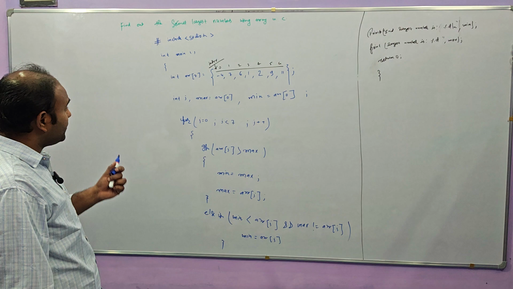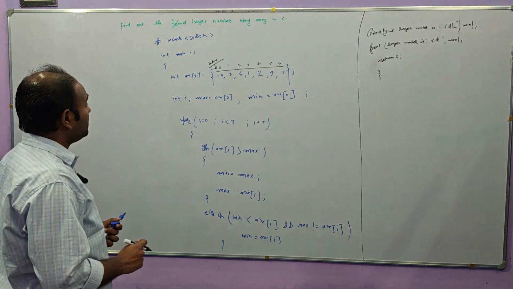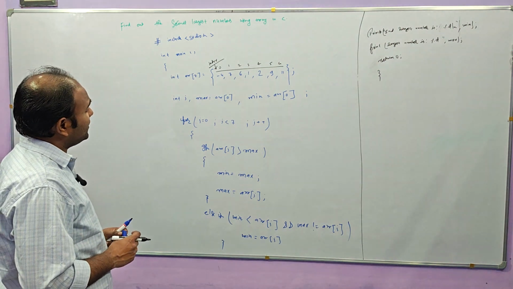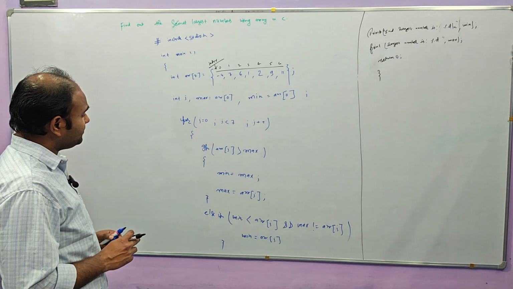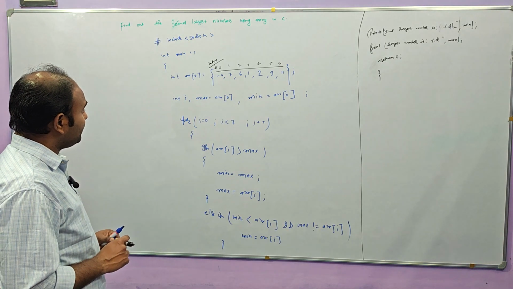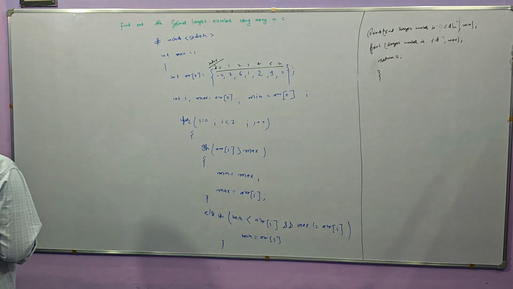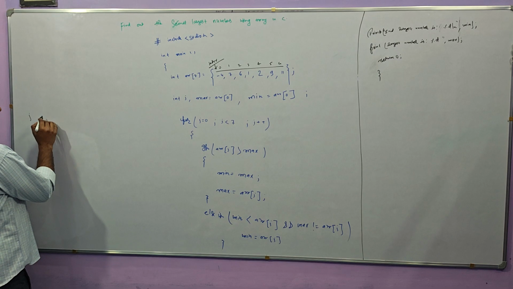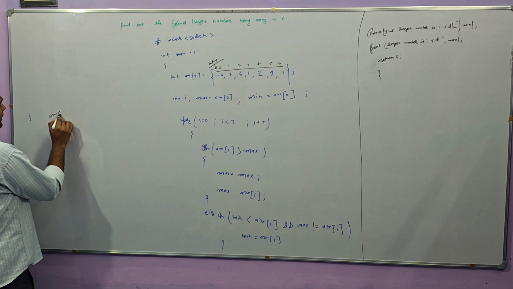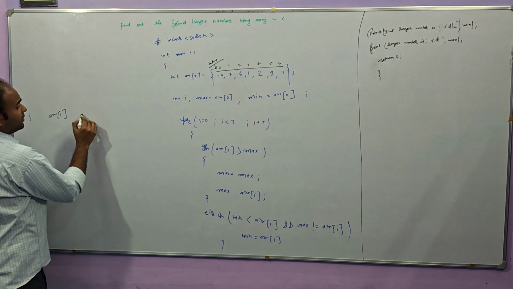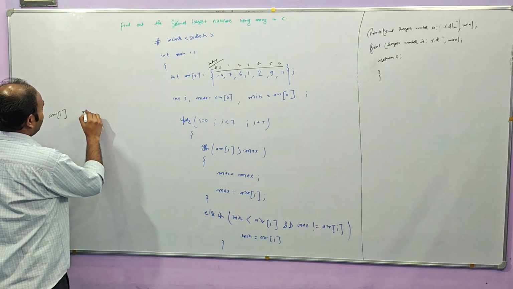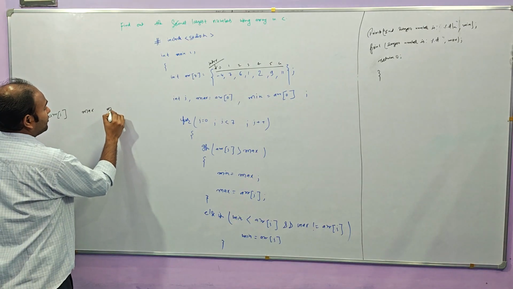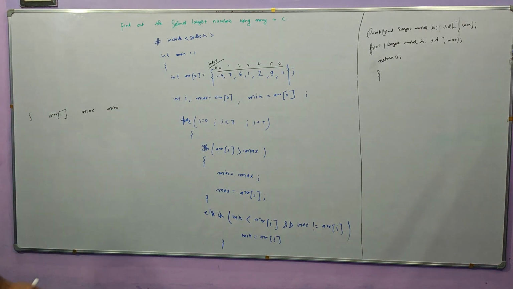So when we find out the working of this program, firstly we consider i, ar[i], and max, min.